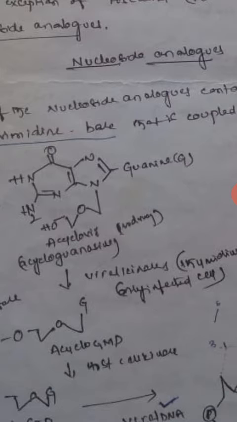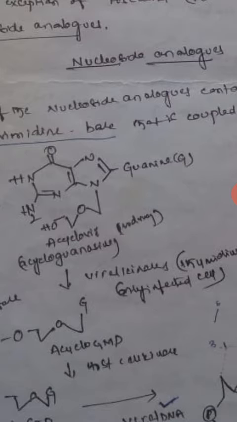It is only converted into the active form in virus infected cells, because the first step of phosphorylation happens in the presence of viral specific kinase. Viral specific kinase means kinases contained in the herpes virus.